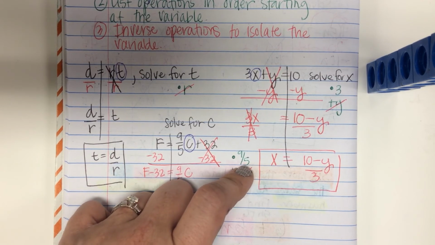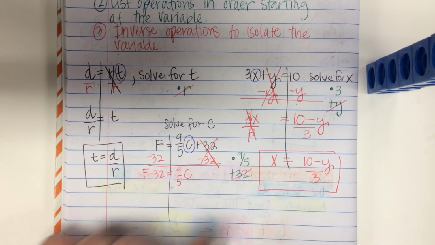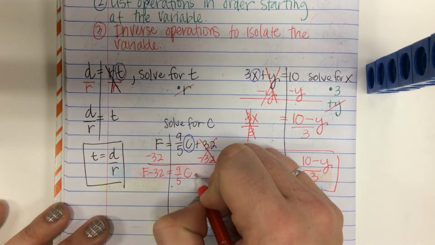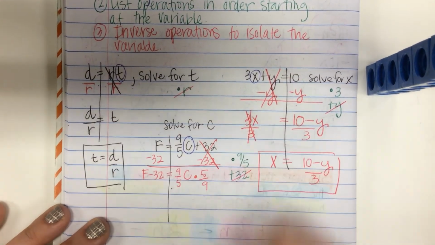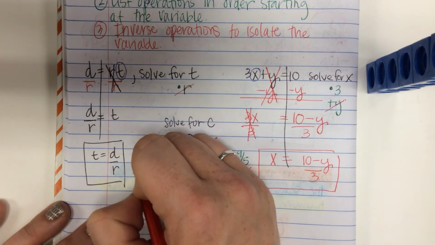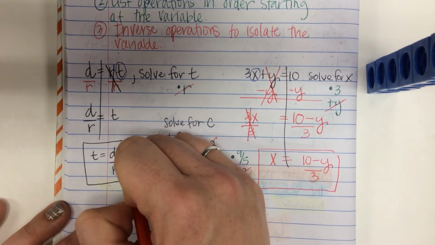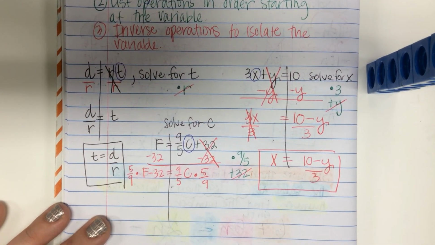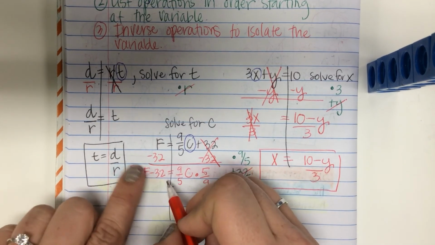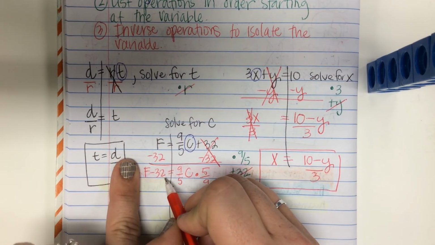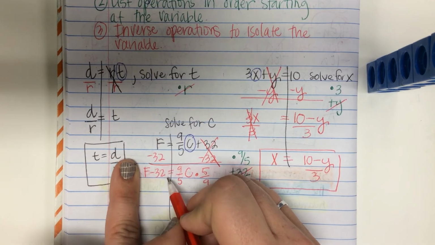You cannot divide by 9/5. What do you have to do? Multiply by 5/9. Ladies and gentlemen, my subtraction was here first, so how do I make sure I do the subtraction first always?